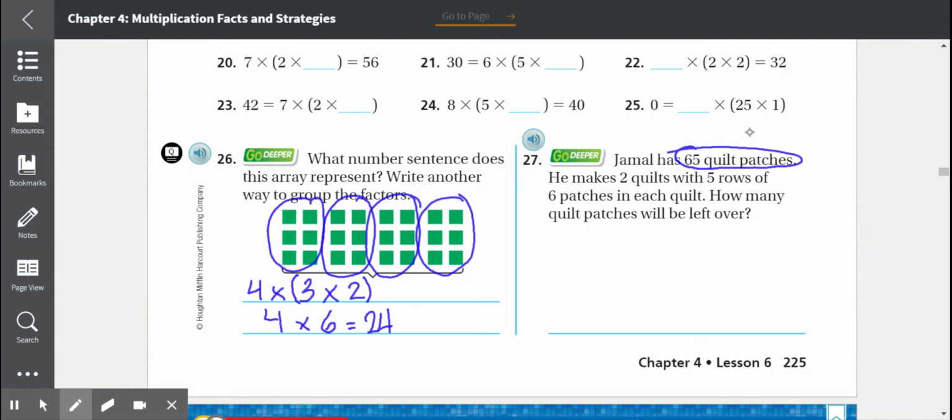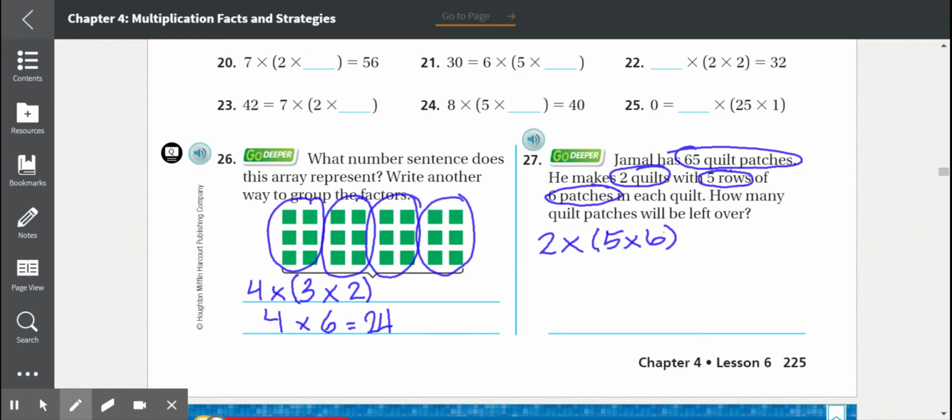Let's leave that alone for now and figure out what else he does. So he makes 2 quilts with 5 rows of 6. So let's figure out how much that is. 2 quilts with 5 rows of 6. So that would be 2 quilts times 5 rows of 6.